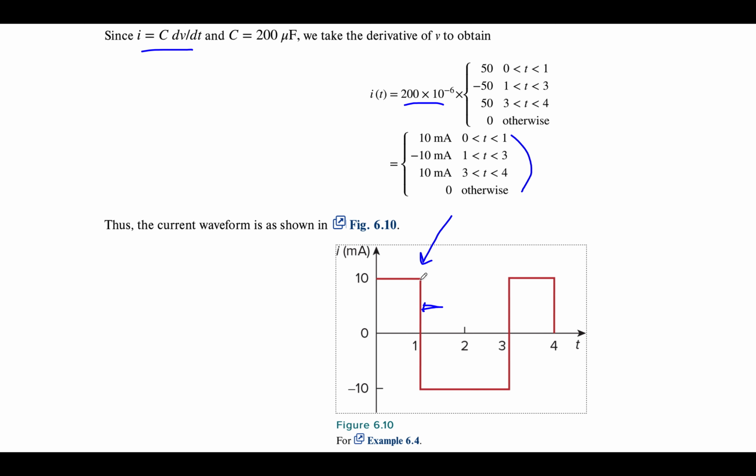A more mathematically correct way to plot this would be to represent it as a dashed line, because really there's not a line here. What happens is you jump from plus 10 down to minus 10 and back up to plus 10. If you were doing the mathematician thing, this would be an open circle on this point.